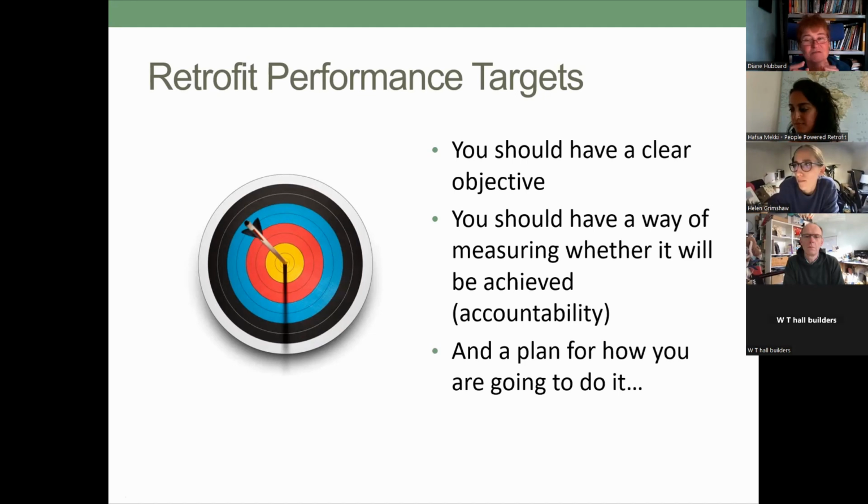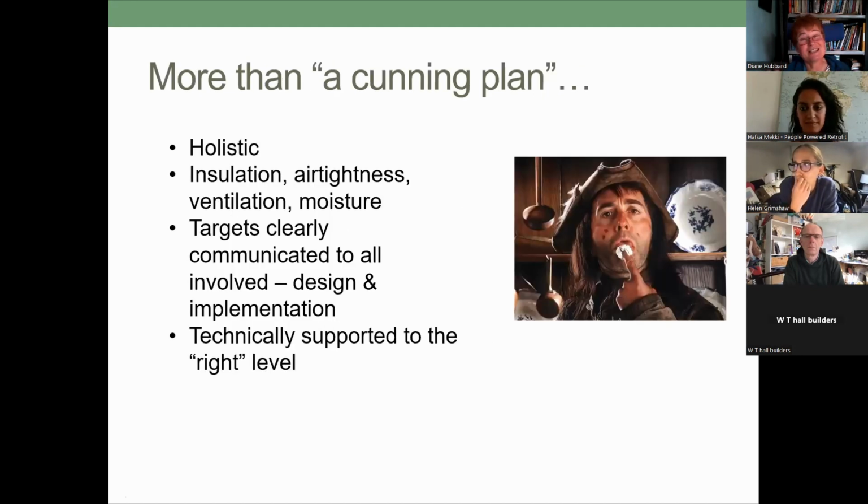So you also need to have a really clear plan as to how you're actually going to do it, and it really does need to be more than a vague cunning plan. The important thing to emphasize is that it's got to be holistic. I come across quite a lot of retrofits where people are focused on one thing, and by not looking at the other things, they're restricting how well the building's going to perform.